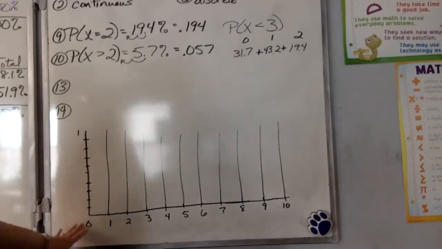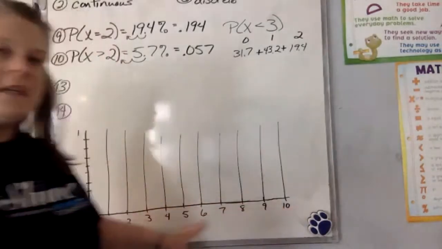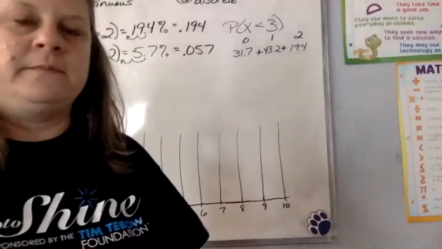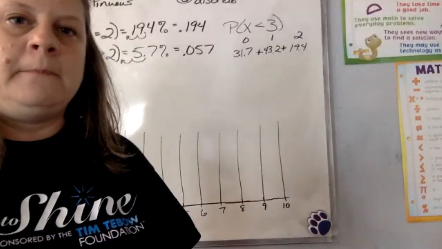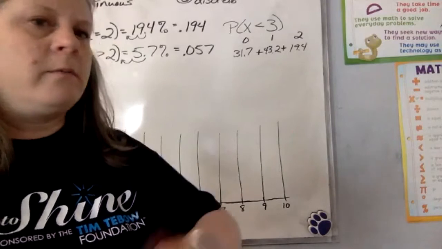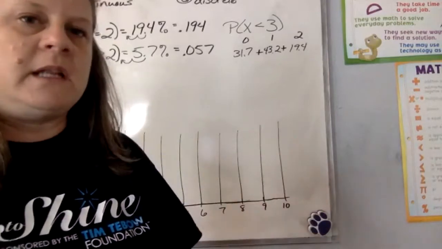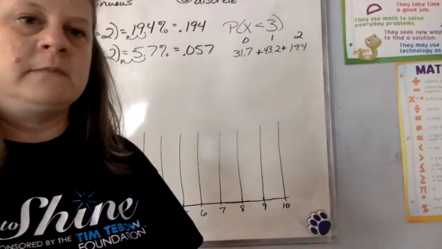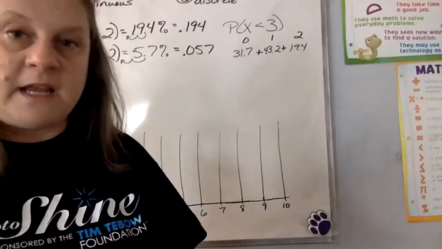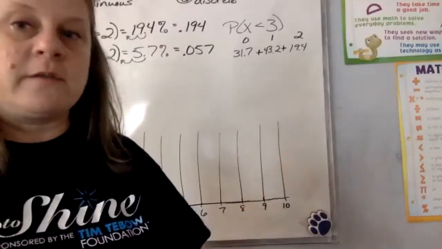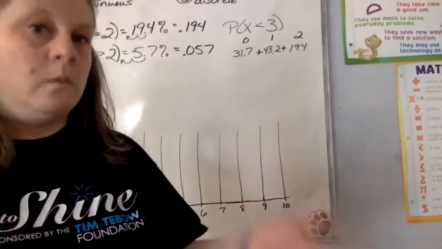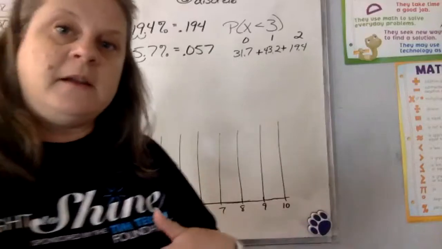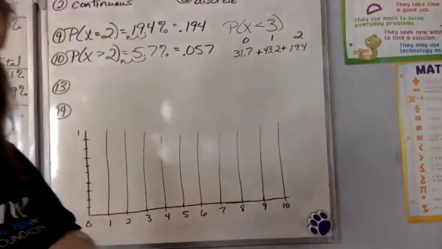Now, if there are 10 sections, what is your chance of getting a 5? Out of the probability stuff we've been doing this past week or so, what's your chance of it landing on a 5? 1 out of 10, right? What's your chance of landing on a 3? 1 out of 10. All of them have a 1 out of 10 chance because each section's equal.